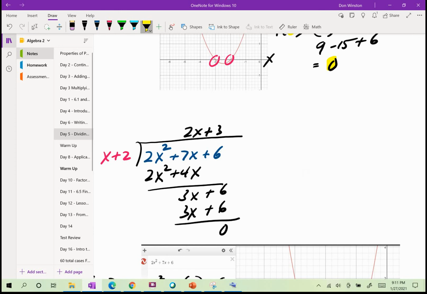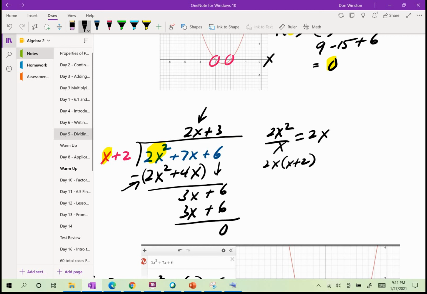Again, we just work with the leading terms. 2x squared divided by x gives me 2x, and I put my 2x there. Then I multiply 2x by x plus 2, and it gives me 2x squared plus 4x. Then I subtract. 7x minus 4x gives me 3x, and I bring down the 6.